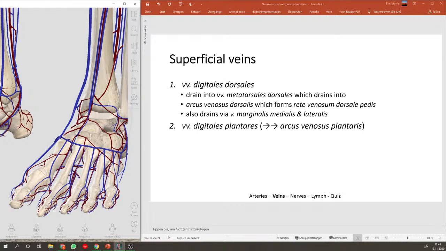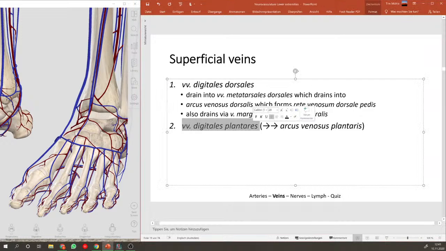Now, on the plantar side, we have vena digitalis plantaris, which will drain via arcus venosus plantaris. So it's the one that will continue as the lateral plantar vein. Alright, now those are really important veins. Vena saphena parva and vena saphena magna.